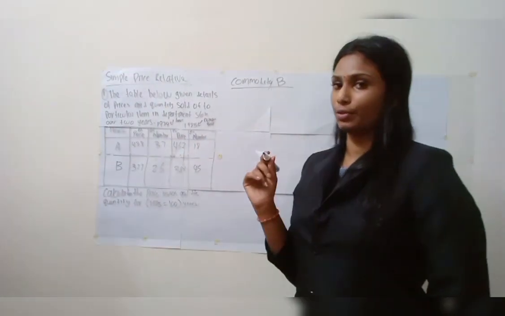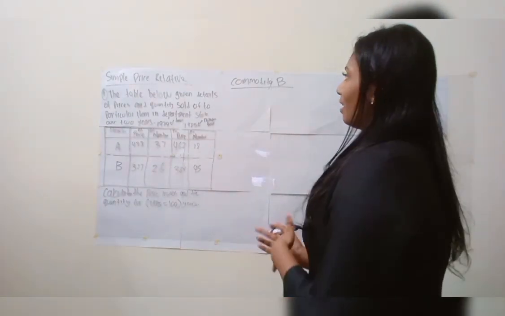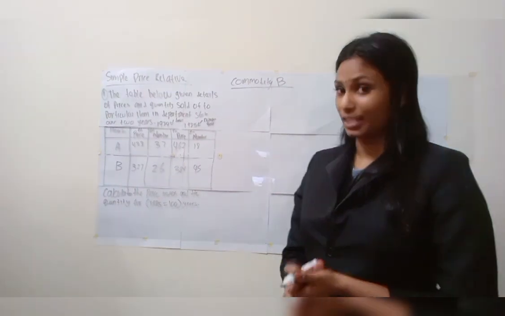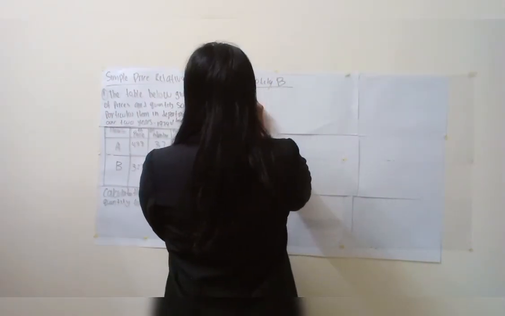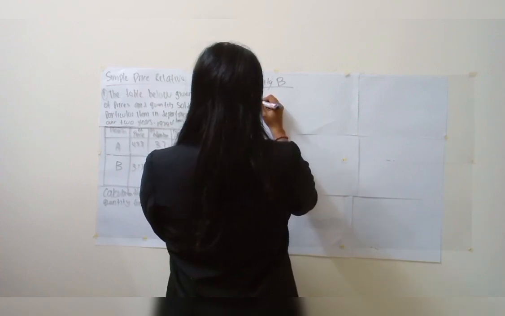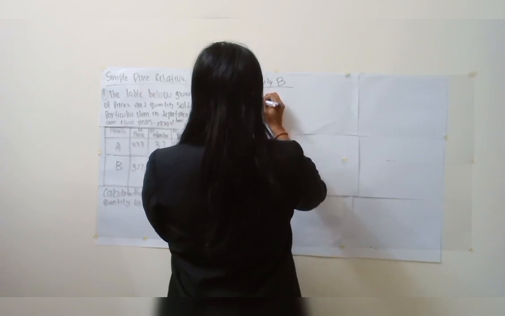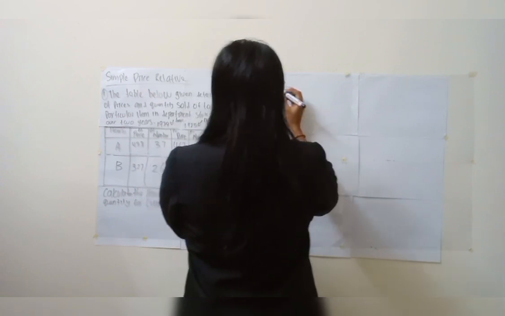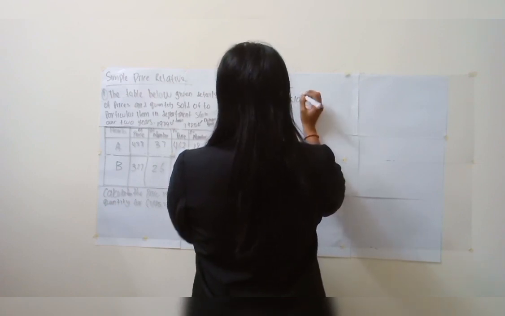I'm writing the formula the same as the previous formula, but I already erased it, so I redo it now. Price index equals PT over PO times 100.